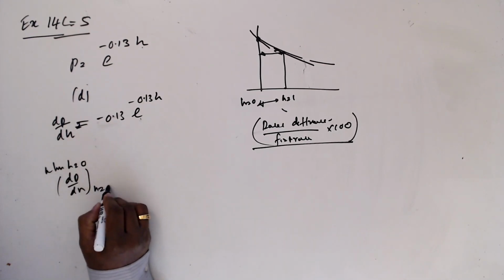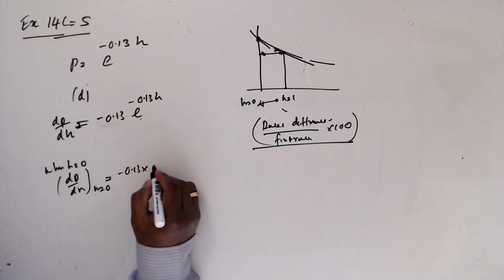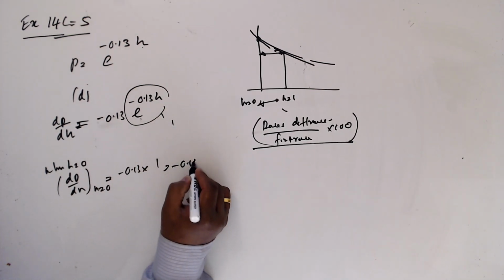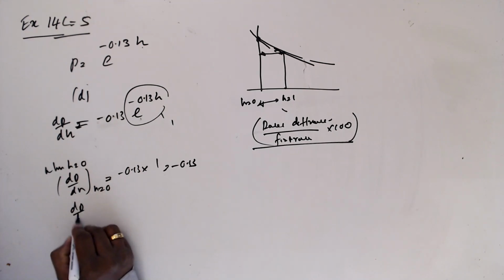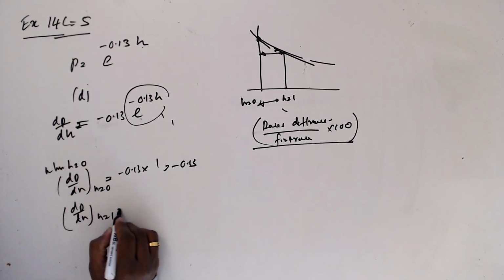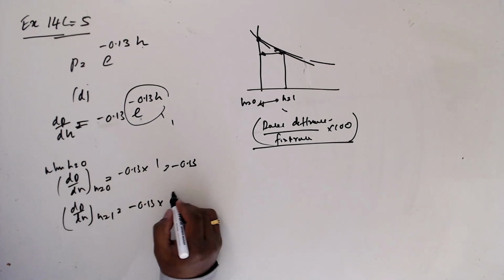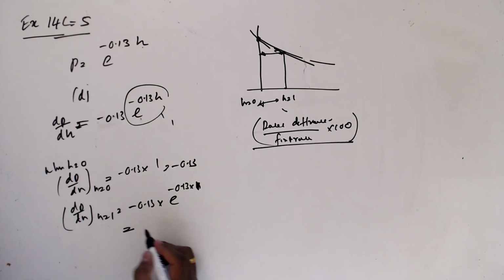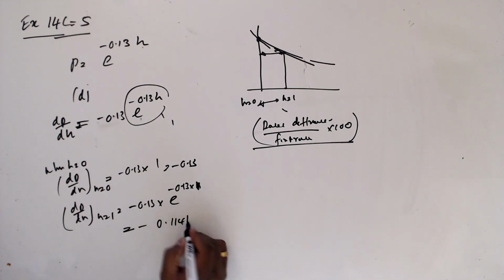When h equals 0, this is going to be 0.313 times 0.13, since e to the 0 becomes 1. And dp over dh when h equals 1 is minus 0.13 times 0.313 times e to the minus 0.13 times 1. So you will get a value of approximately minus 0.1141.